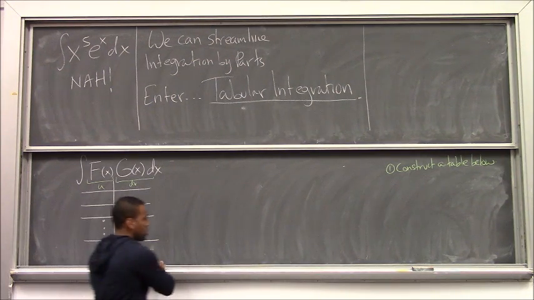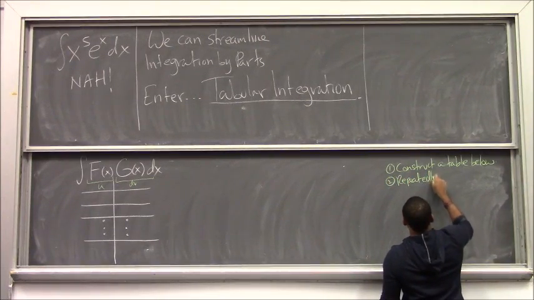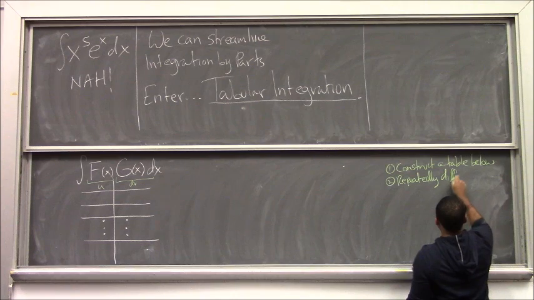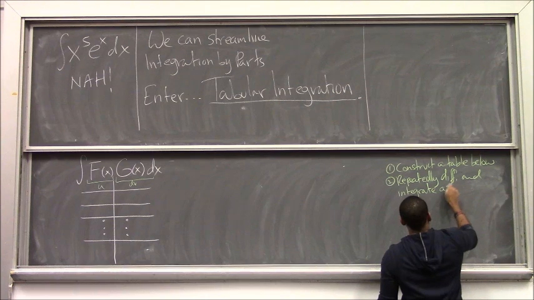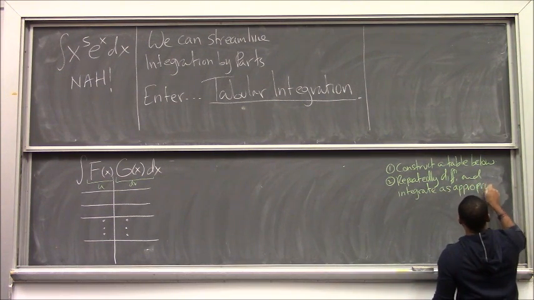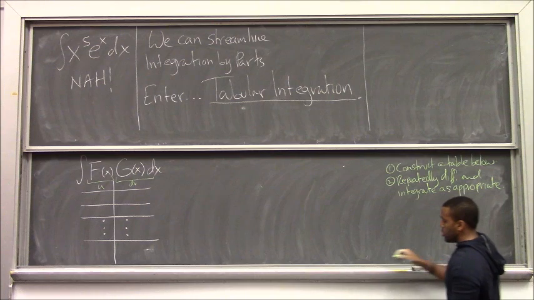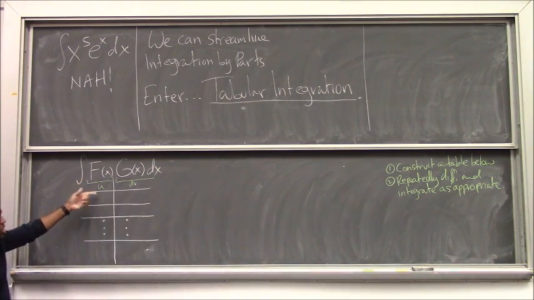Then you're going to repeatedly differentiate and integrate as appropriate. The u is the one that you always differentiate.